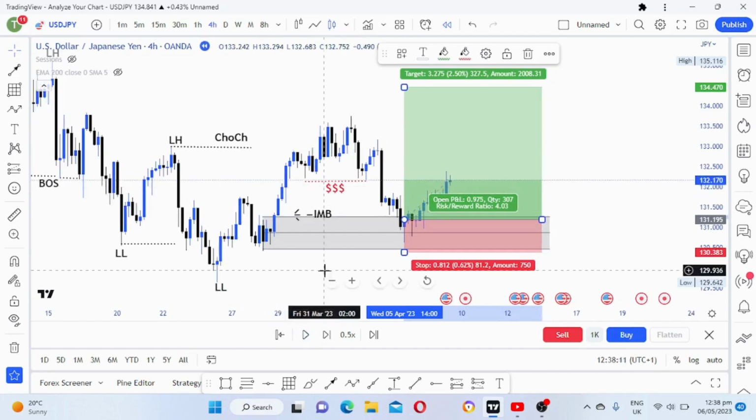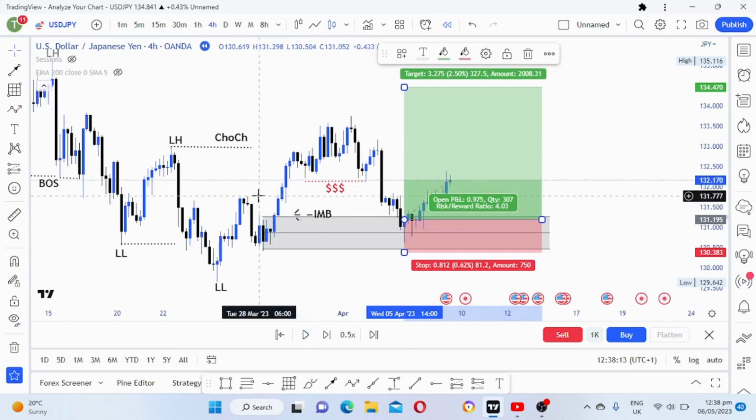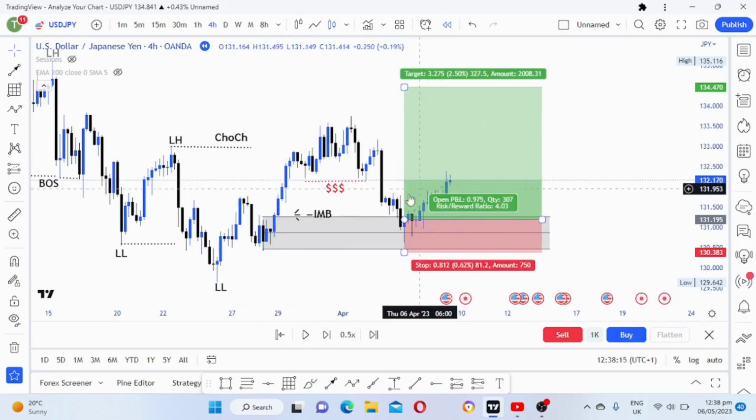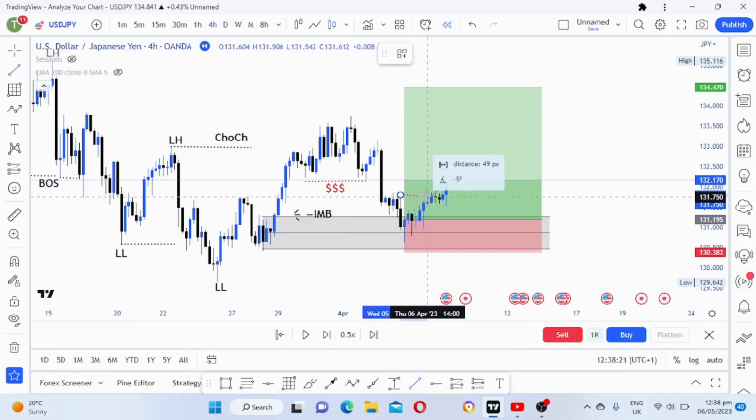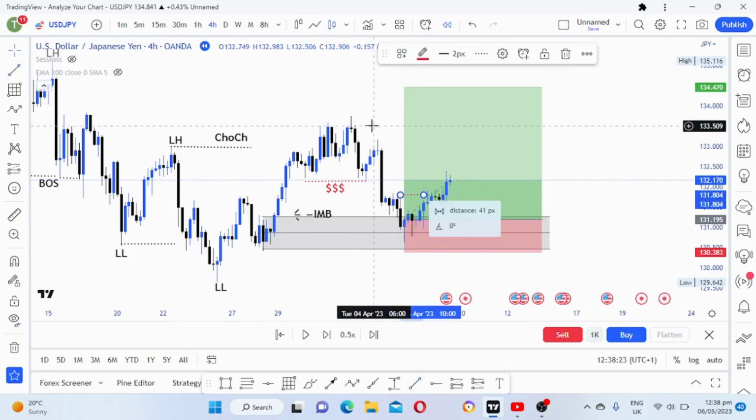If you could check, this one is a change of character on a lower time frame, because price was in a downtrend on a pullback, on H1 or 30 minutes or 15 minutes or 5 minutes or 1 minute.